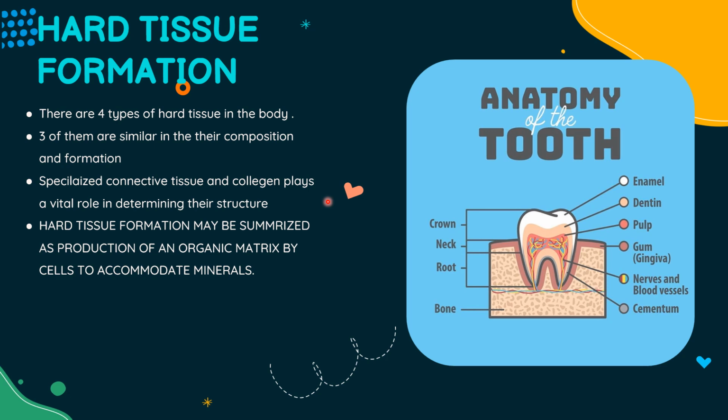type 1. In simple words, what is hard tissue formation? It is basically production of organic matrix by different cells to accommodate minerals. What do you mean by accommodating minerals? It is like having a pool of mineral for the tooth to get its nourishment from.